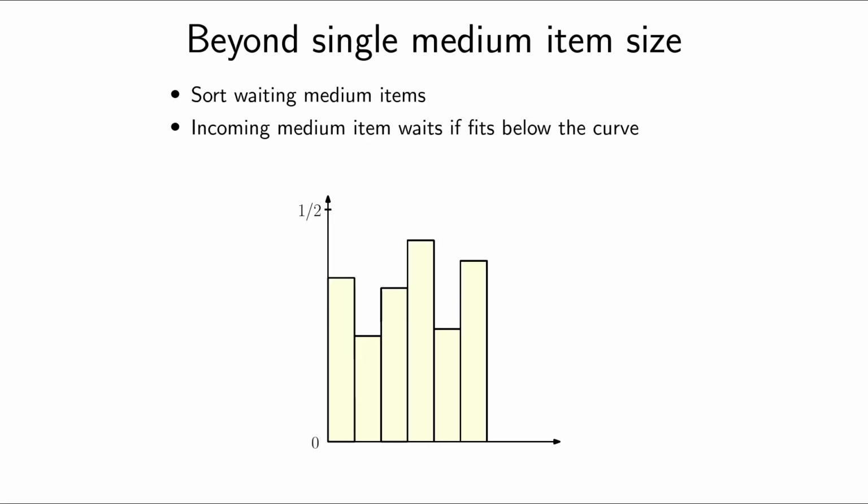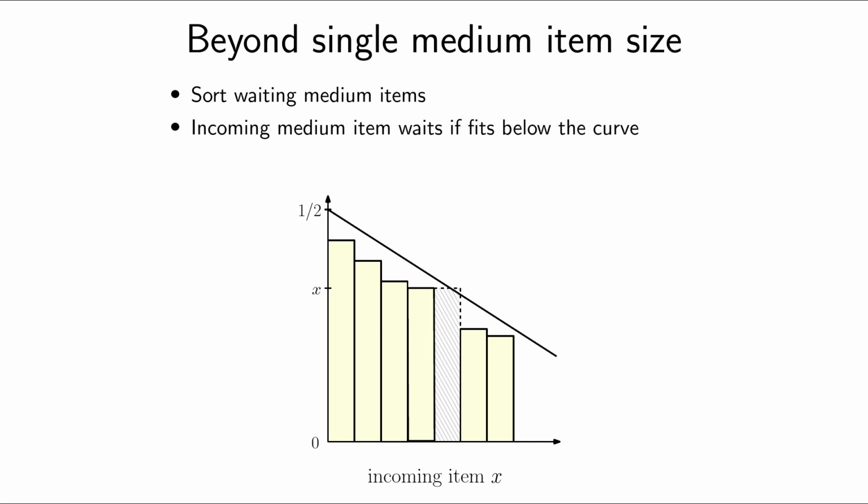So see how we did it. First, sort waiting medium items. Then, draw the curve for single medium items of size m. Our criteria is the following. We decide that the medium item can wait if it fits below the curve.